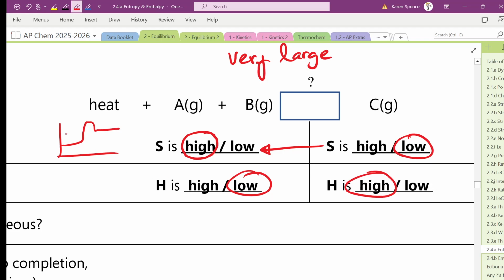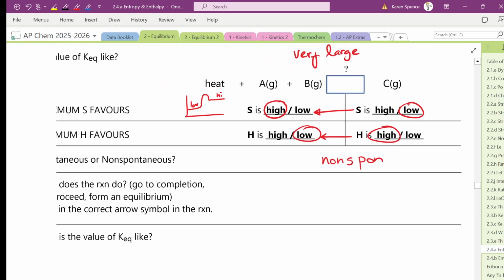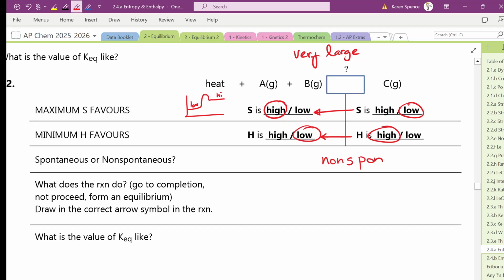So enthalpy is low for the reactants and high for the products. Spontaneous or non-spontaneous? Non-spontaneous. Does it go to completion, form an equilibrium, or not proceed? Not proceed. What's KEQ like? Very small. And you can guess what the third one's going to be, right? It's going to be an equilibrium.